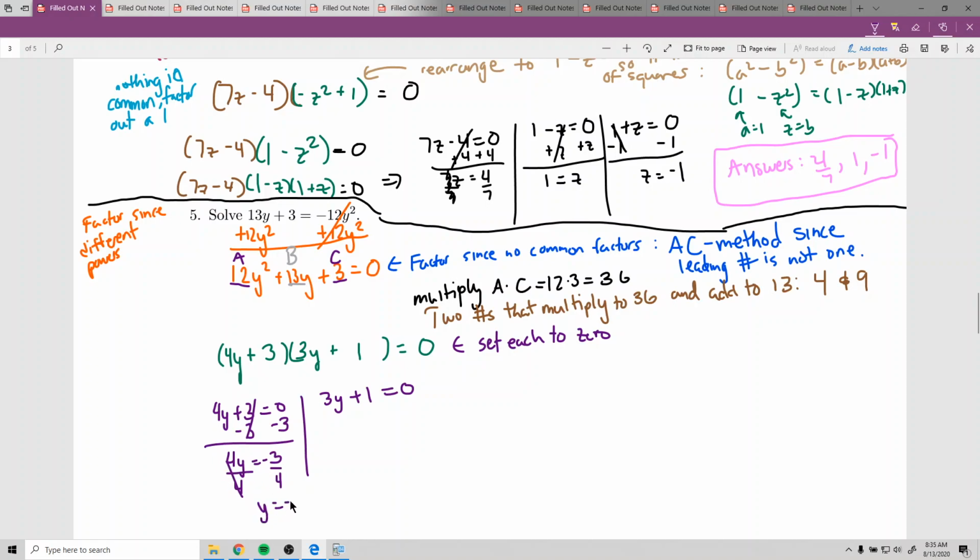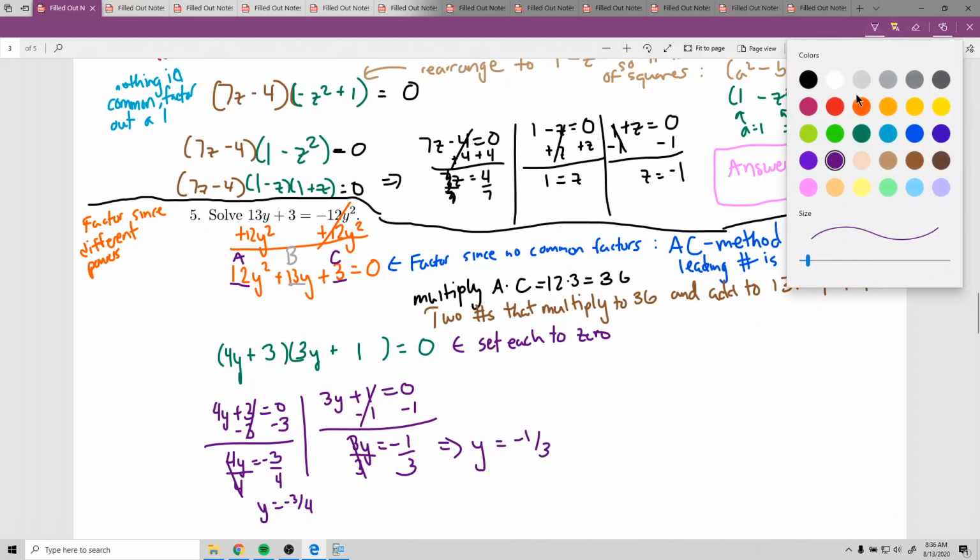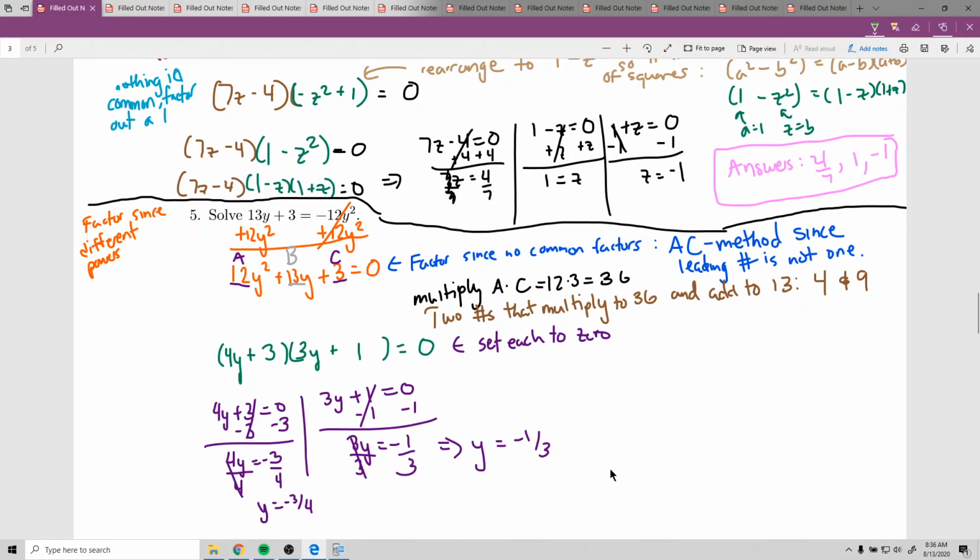We get y equals negative 3/4. The one on the right, we subtract the 1 from each side. We got 3y equals negative 1, and then divide each side by the 3, and we get y equals negative 1/3. So this one happens to have two answers, negative 3/4 and negative 1/3.